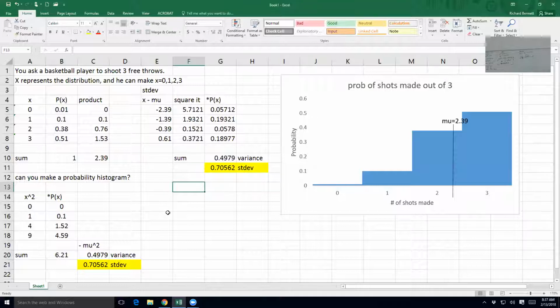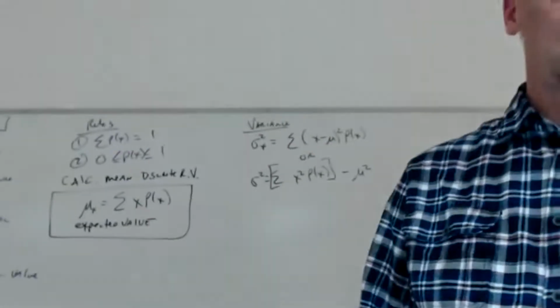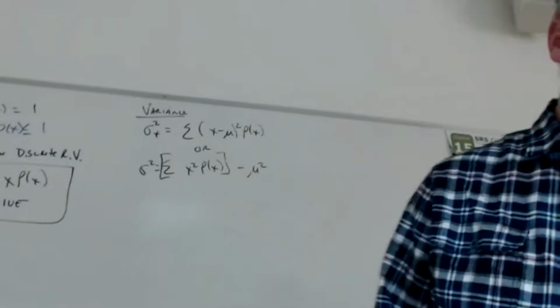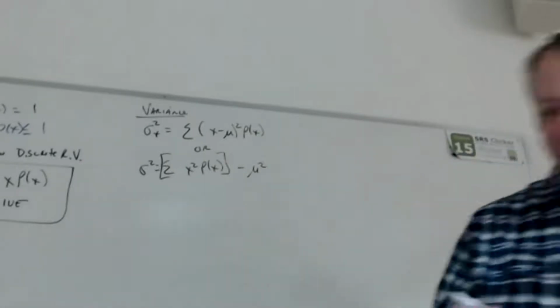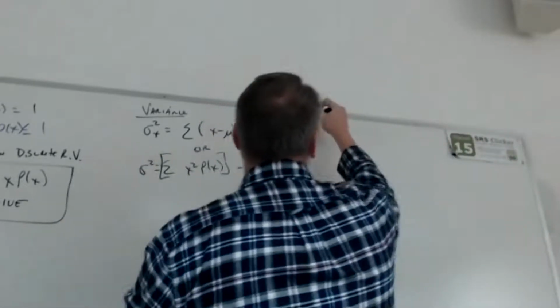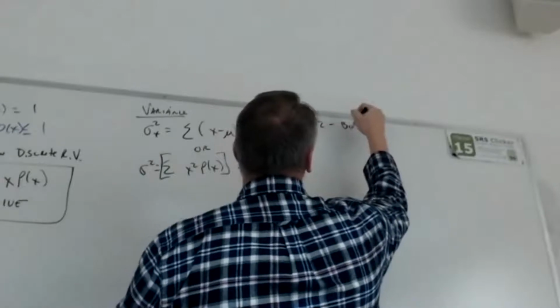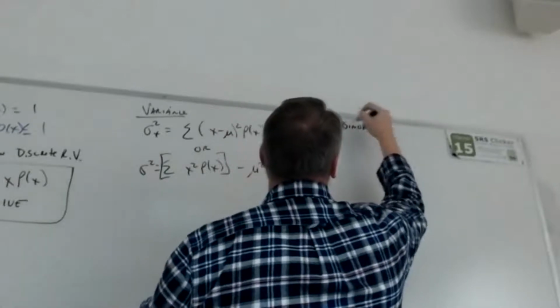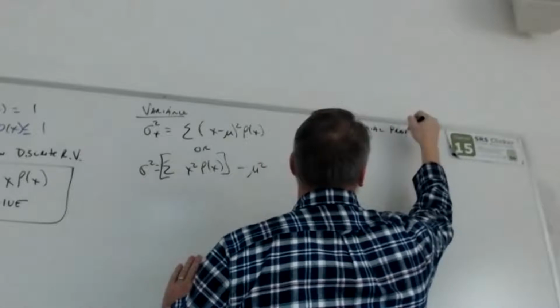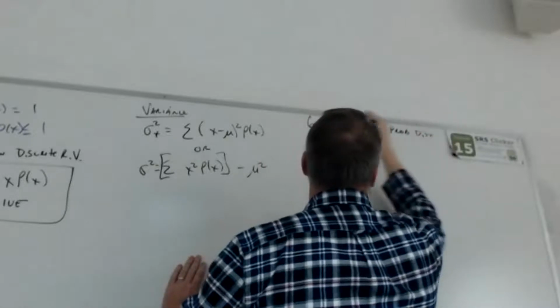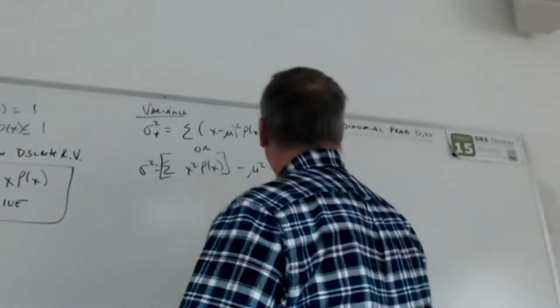Okay, so this is good because we're going to talk about, maybe I'll go back to the board here for a minute. Okay. So 6.2 is binomial probability distribution. Okay.